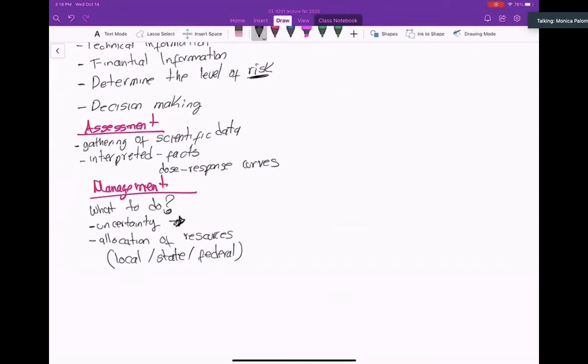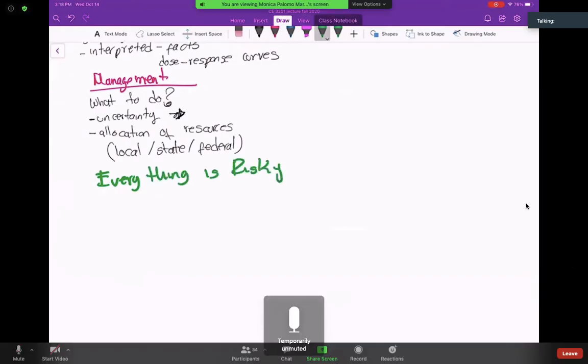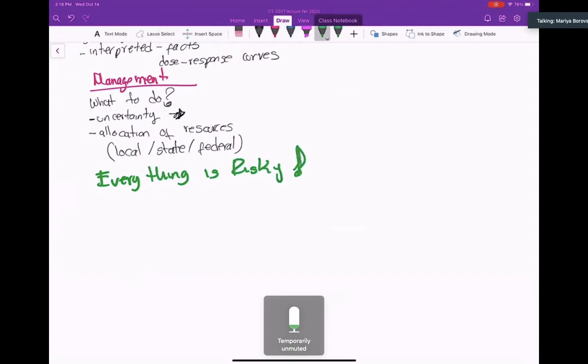So everything is risky, everything. Is that true? What do you think? I think there is a certain level of risk in everything. If we like to drive motorcycles, just getting on the freeway is a huge risk.